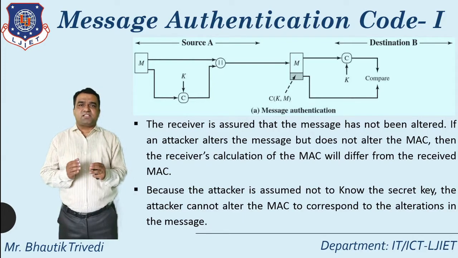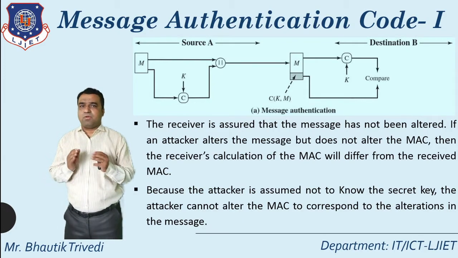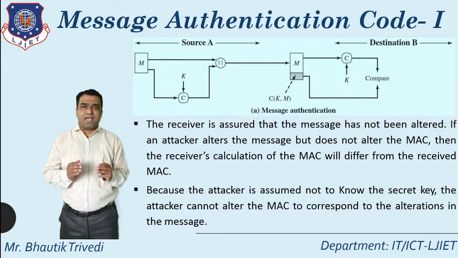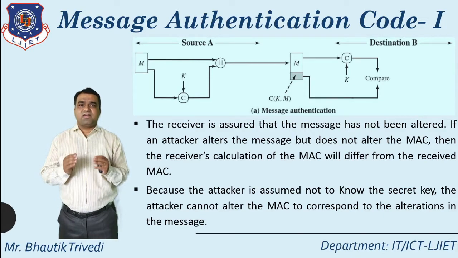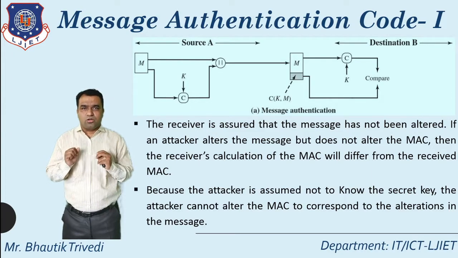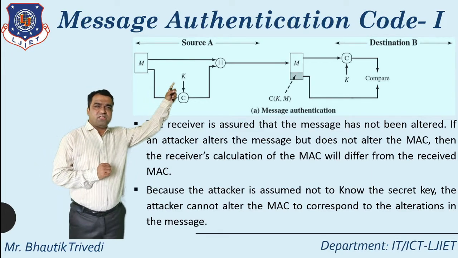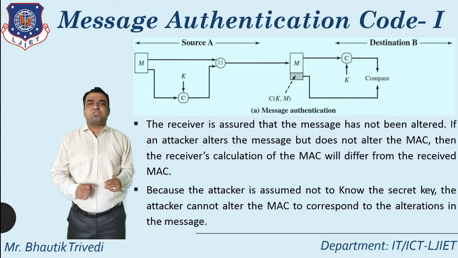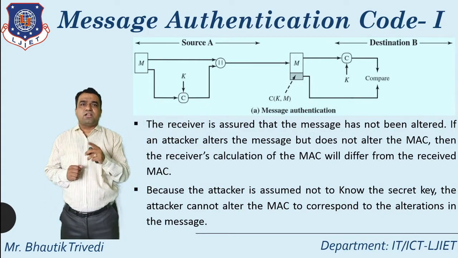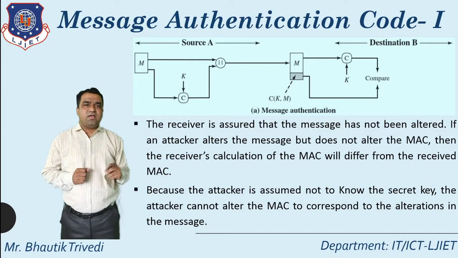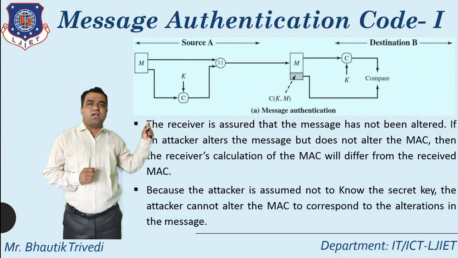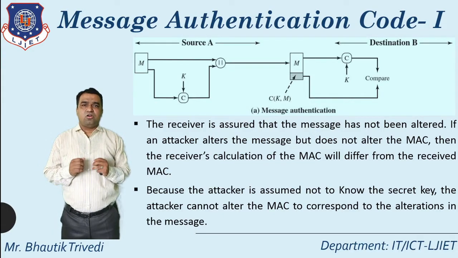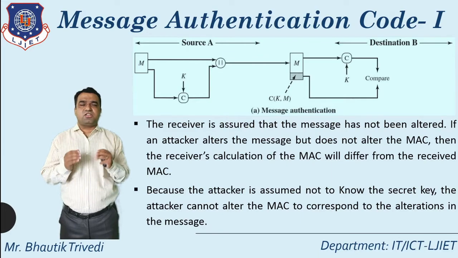The cryptographic checksum you generate here is also known as a MAC, a message authentication code. Then the message M is there, and C(K, M), the cryptographic checksum, is appended to the M. So this is the generation of the message authentication code.